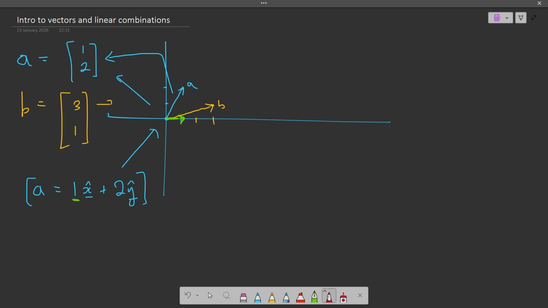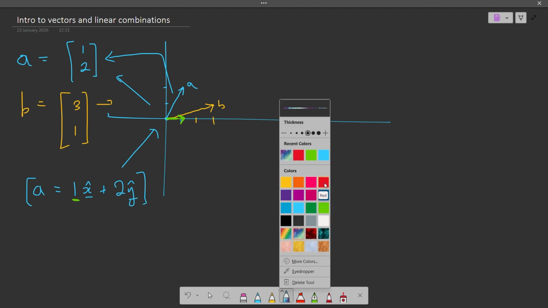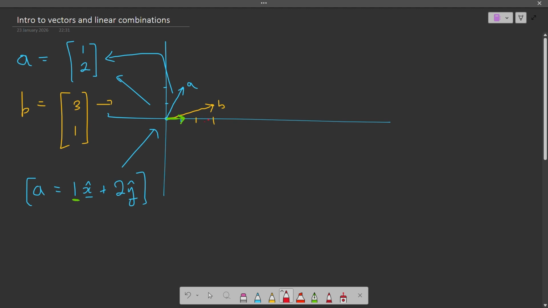And the y hat is just another vector that is 1 unit long in the y direction. So you can say that we can form this vector A by taking one of these x hat vectors and 2 of these y hat vectors.